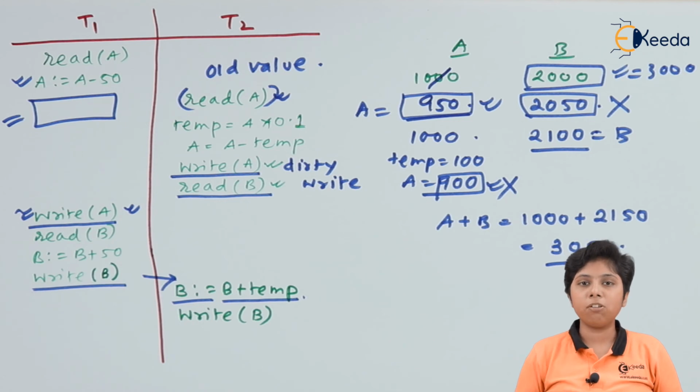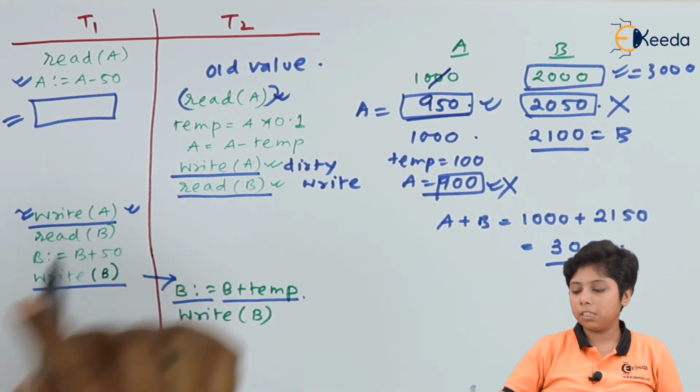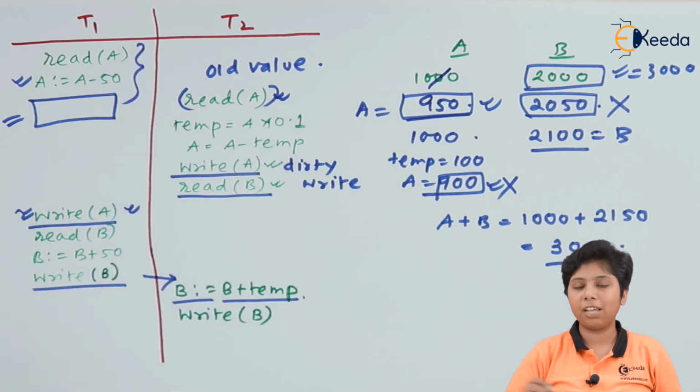So when a schedule is there, it no longer needs to be serializable for the concurrent execution, because it accepts the state of context switch, where one saved state for one transaction will be considered for the next transaction. But now here we are not saving any state on this data item A.